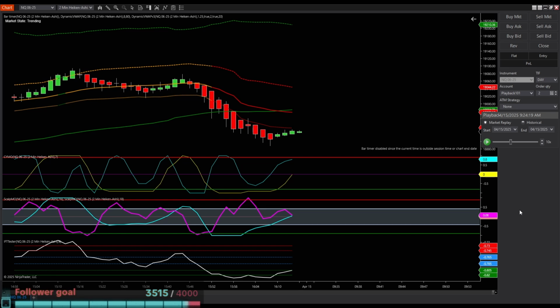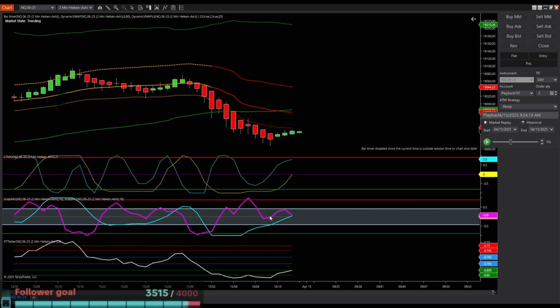For sessions like this, you need to use tools built for cyclic environments. Here's what I ran today. I ran CYMO set to 7, tuned to pick up the short, tight swings in price, and ScalpMO down here set to 16 with the purple line set to 18 to attempt to capture those micro rotations.